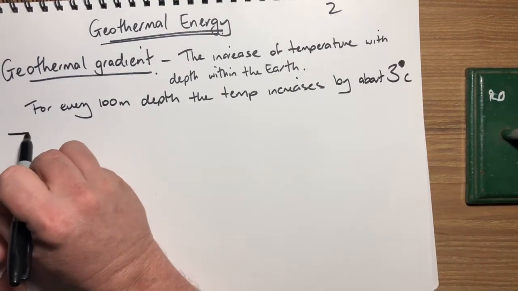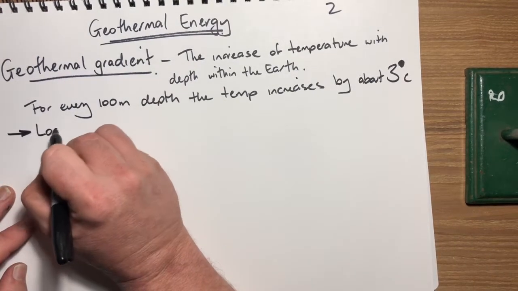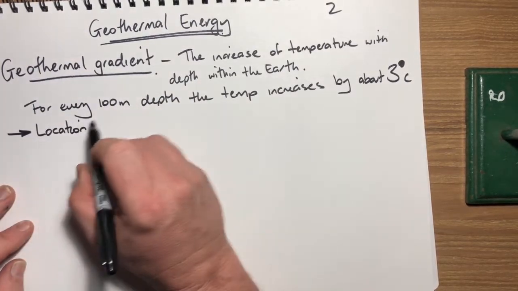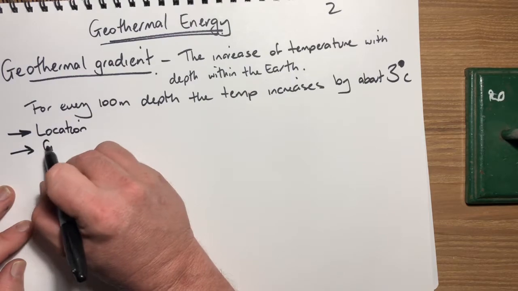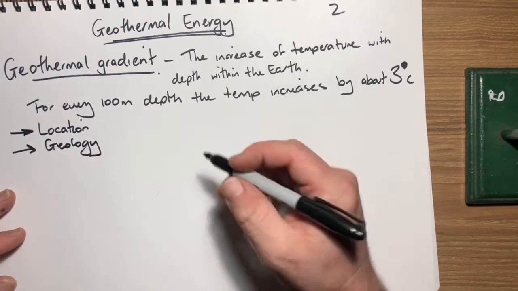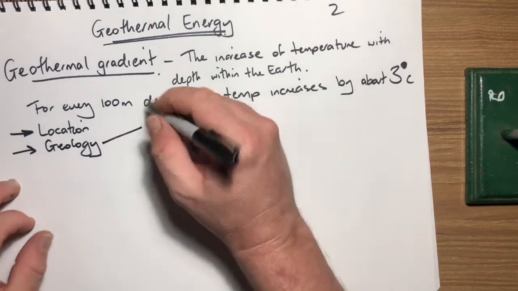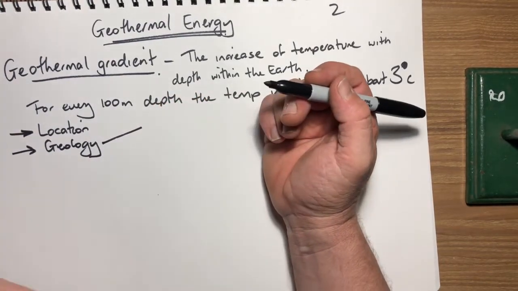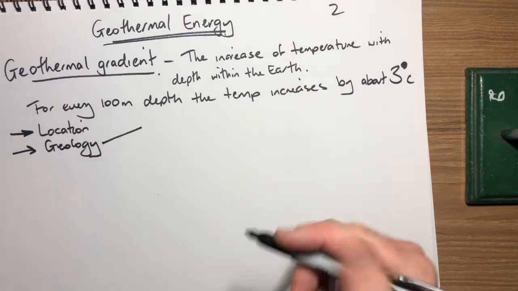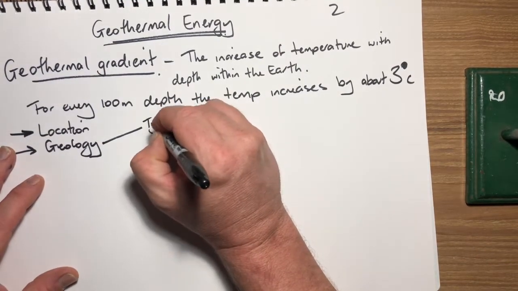Now, there are a few things that can change this: the location, and the geology. Surface geology, such as the types of lithosphere, the continental or oceanic crust, can have an impact on how hot it might be. It's a type of rock.